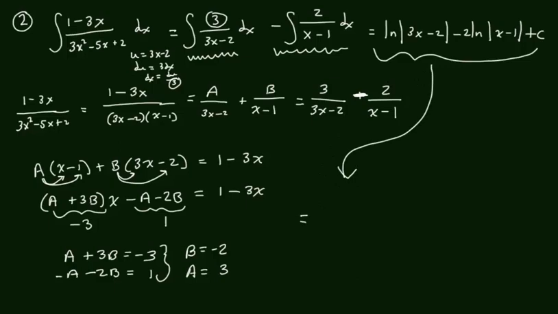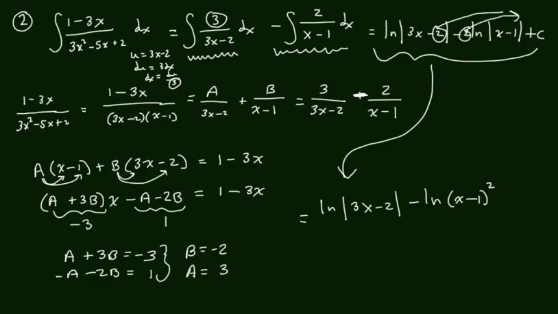So the calculator would take this and write it as natural log 3x minus 2 absolute value minus natural log x minus 1 squared. I just used properties of log, brought this 2 up here.